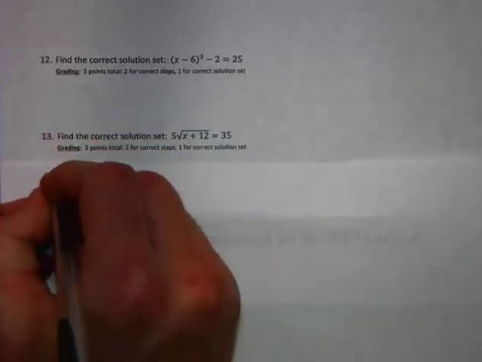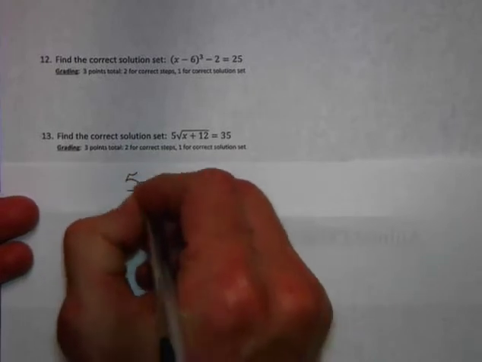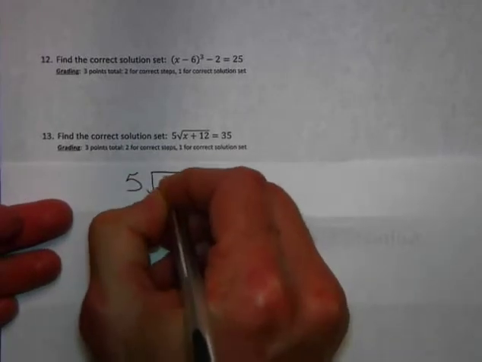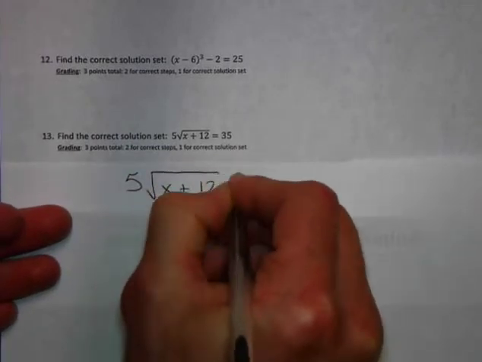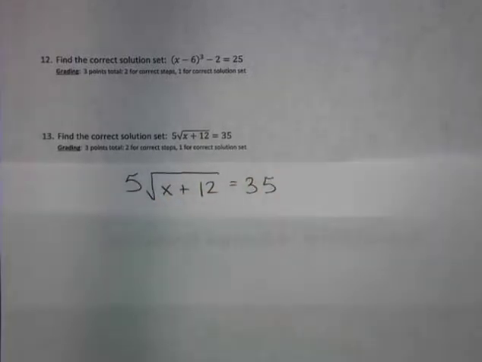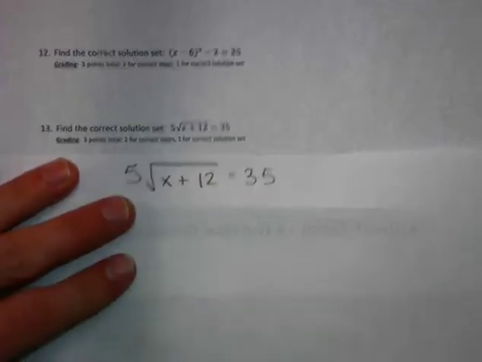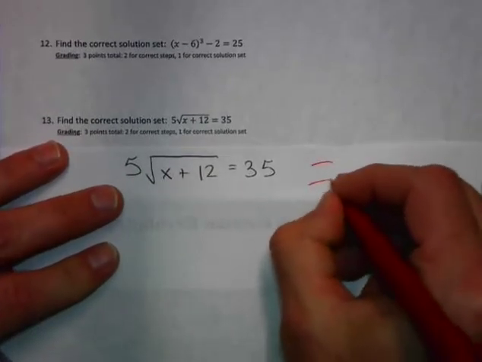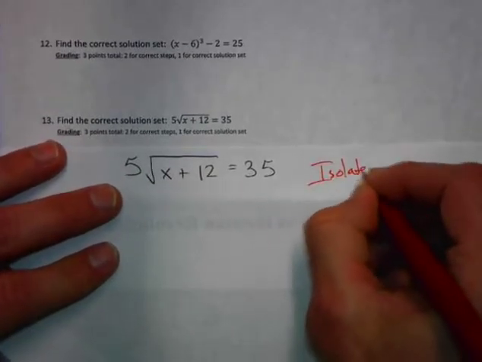So now on to 13. And this will round out Common Assessment 2. 13 is very similar to 10, 11, and 12. How? Because the square root symbol is also a grouping symbol. So we're going to do the same thing. We're going to isolate the grouping symbol.